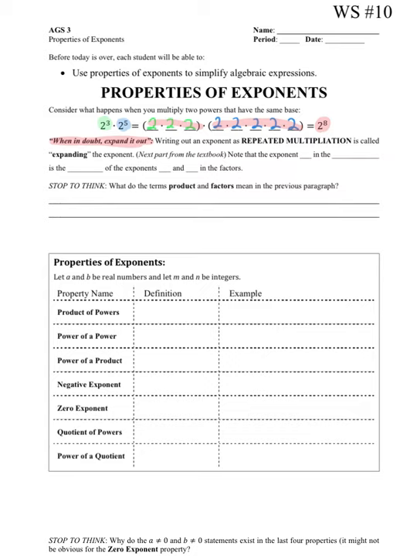All right, so then what we can do, writing out an exponent as repeated multiplication, is called expanding the exponent. All right, so the exponent in this case, 8, is, okay, so 8, that's in the product.